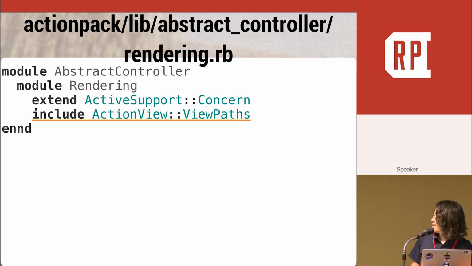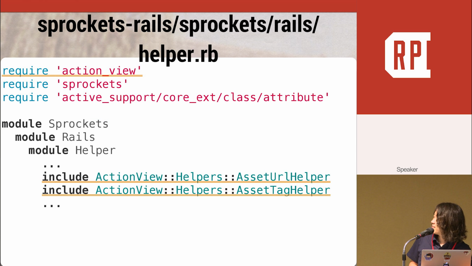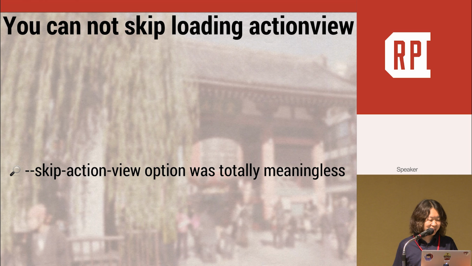From ActionPack, it accesses the ActionView component. And from Sprockets Rails, it uses ActionView like this. So what we learned is you cannot skip ActionView. You cannot skip loading ActionView. So what does this option mean?